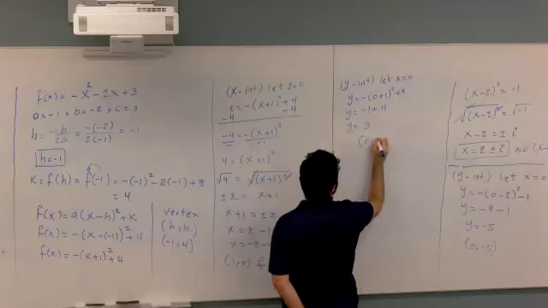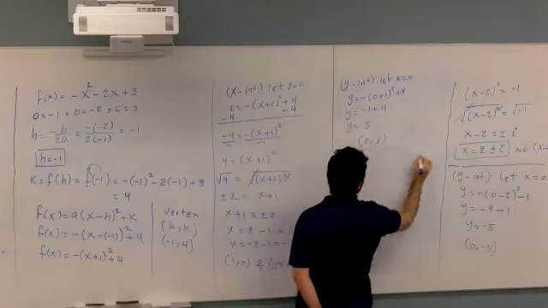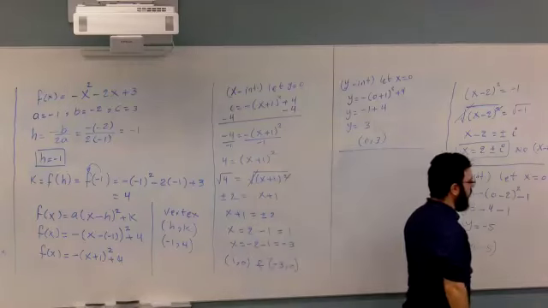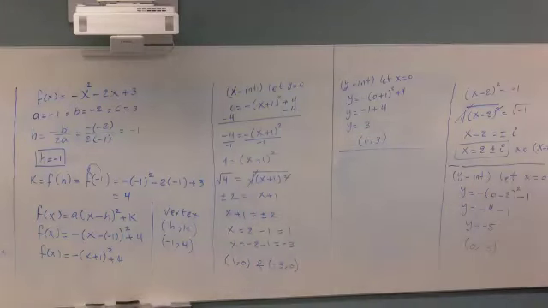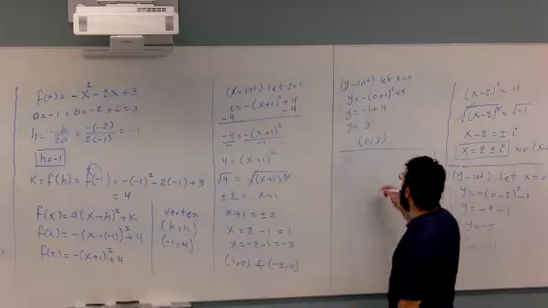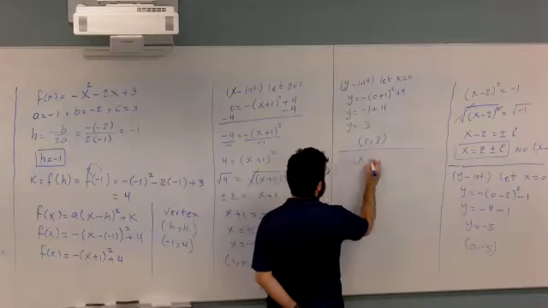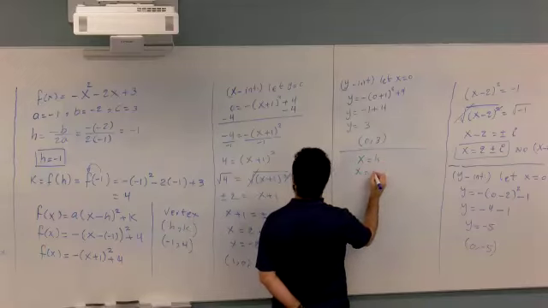That means the y-intercept is (0, 3). What else do they ask you to find? The axis of symmetry is x equals h, which means x equals negative 1, right?